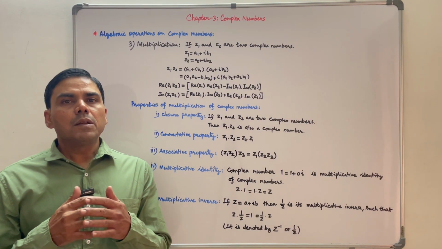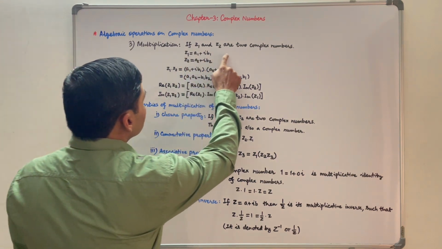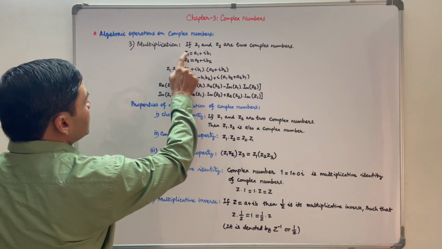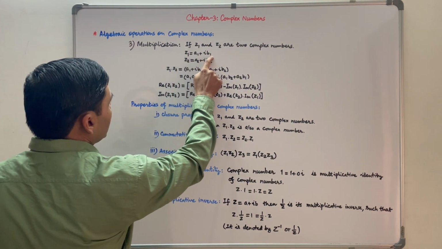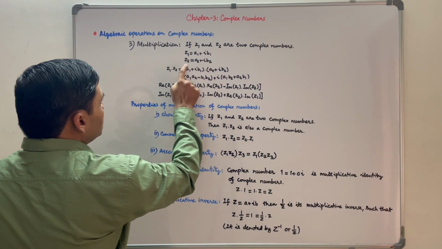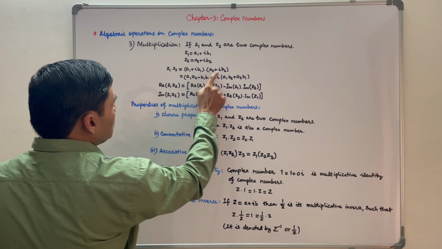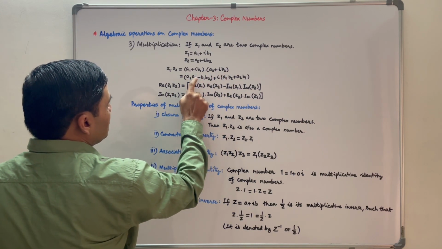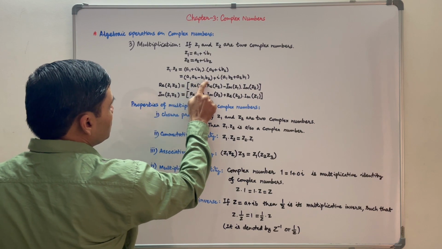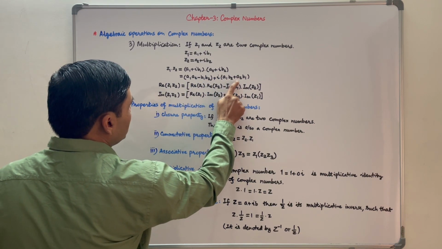Third operation is multiplication of complex numbers. Suppose z1 and z2 are two complex numbers such that z1 is equal to a1 plus ib1 and z2 is equal to a2 plus ib2. So z1 z2 is equal to a1 plus ib1 into a2 plus ib2. This can be simplified as a1 a2 minus b1 b2 plus i into a1 b2 plus a2 b1.